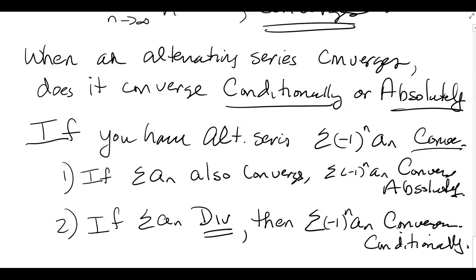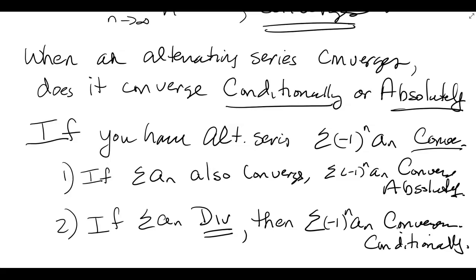By saying it converges conditionally, we're noting that if it wasn't alternating, it would not converge. To say an alternating series converges absolutely, we're saying even if your series didn't have that alternating part, it still would converge.